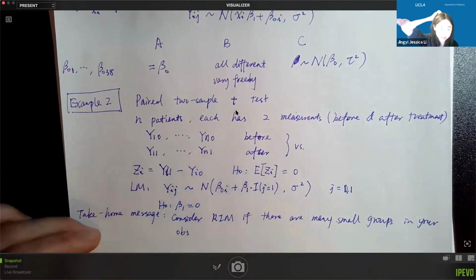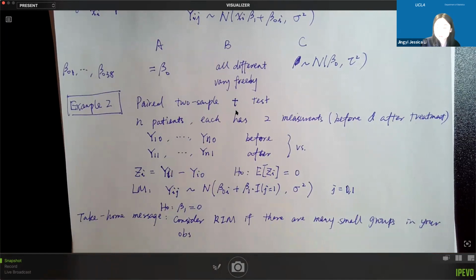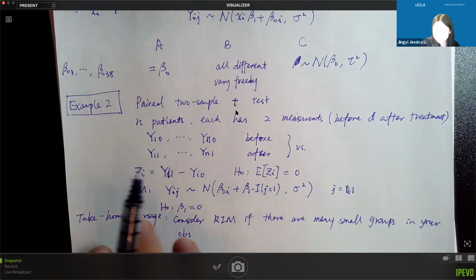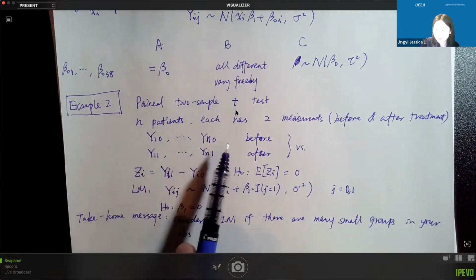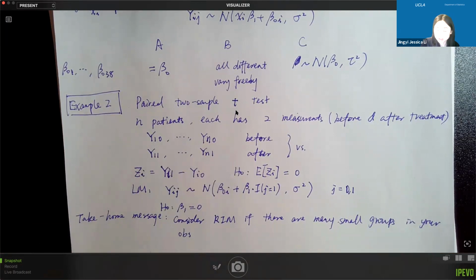Like in the first example, we have 38 schools that can group the students. In the second example, we have n groups. So each group corresponds to one patient. And within each group, the number of observations is very small. Okay, do we have any questions?